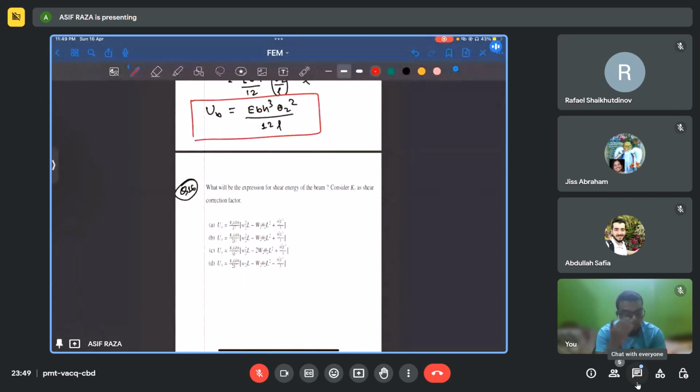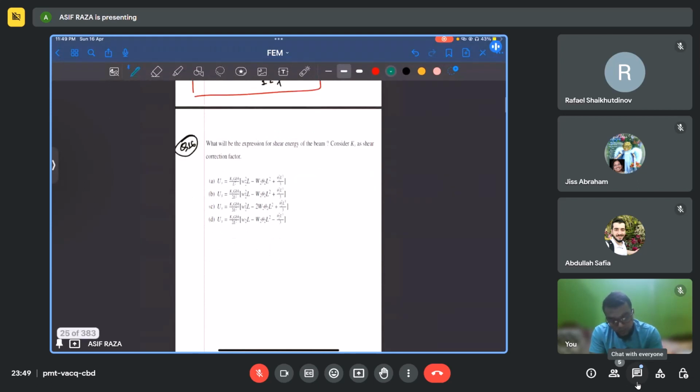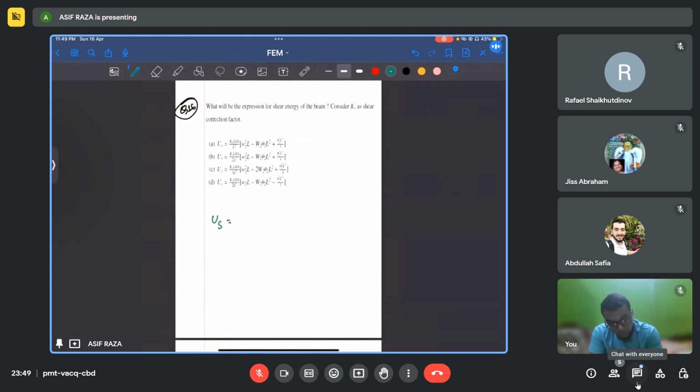The next question is: what will be the expression for shear energy of the beam? Consider Ks as the shear correction factor. So this will be found using US equal to Ks G A by 2, integral 0 to L of (dw by dx minus theta) whole square dx.